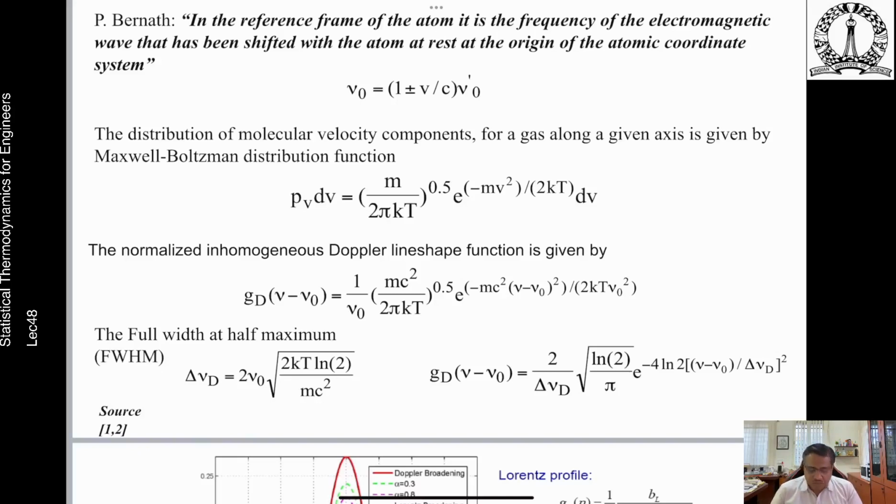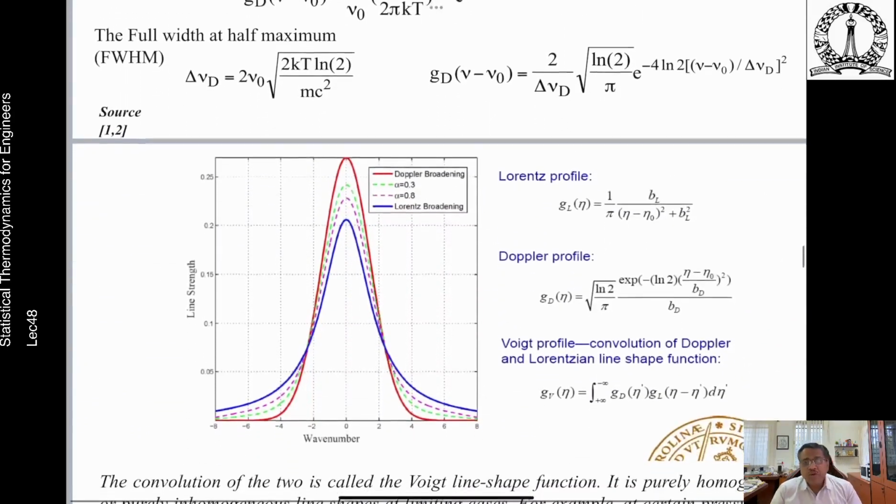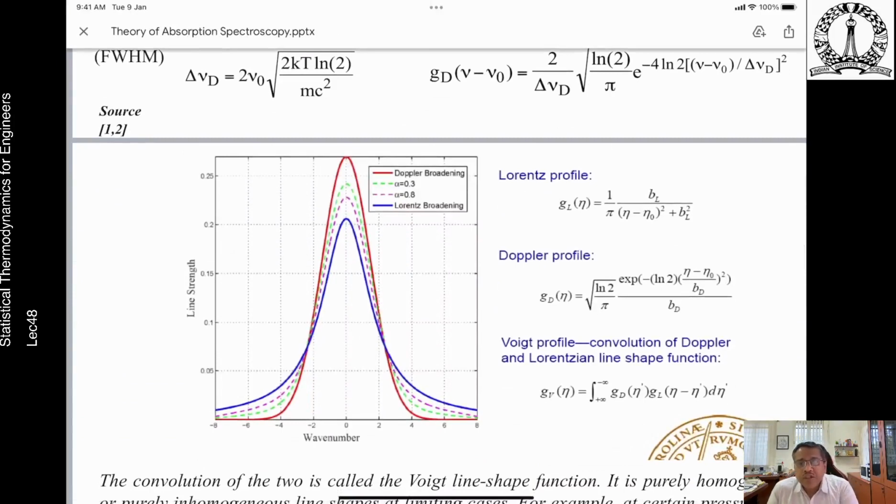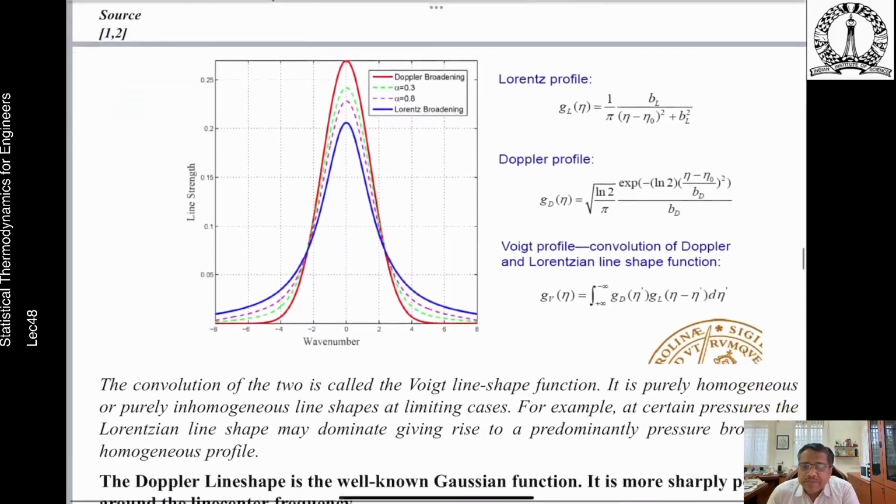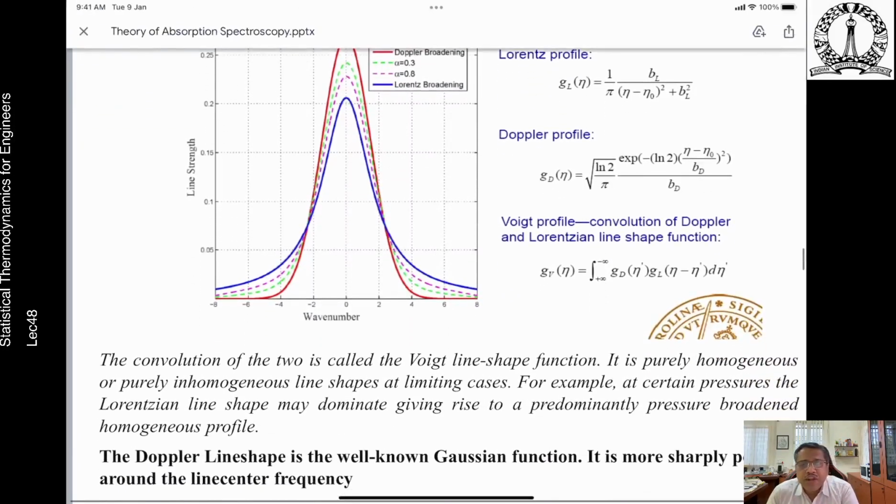If we now look at the profiles, the Lorentz profile is a Lorentzian in origin, and you can see that it is a little wide at the base, and the Doppler is narrower. The convolution of these two profiles, which is called the Voigt profile, is purely homogeneous or purely inhomogeneous at the limiting cases.